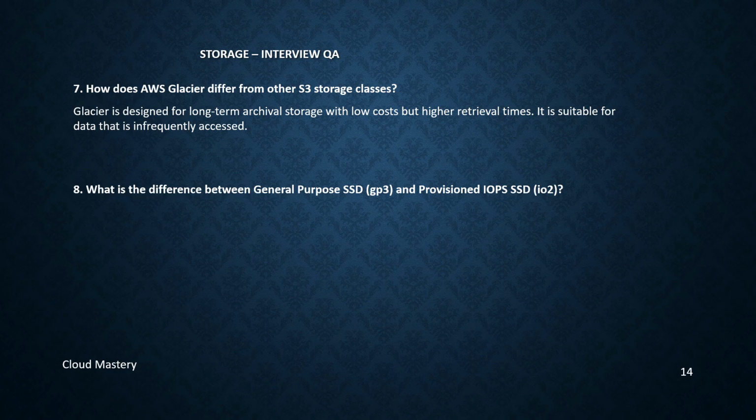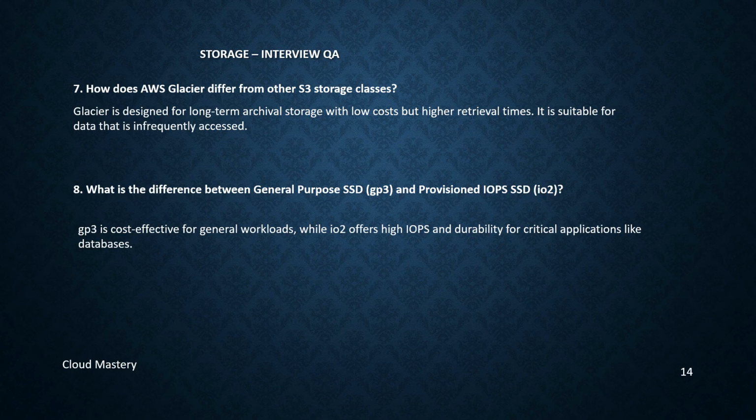Then, what is the difference between General Purpose GP3 and Provisioned IOPS io2? So you can say GP3 is cost effective for general workloads, while io2 offers high IOPS and durability for critical applications like databases. So this way you can explain to the interviewer. Next question, how does AWS handle encryption for storage services? As I already covered, we have encryption approaches in all layers.